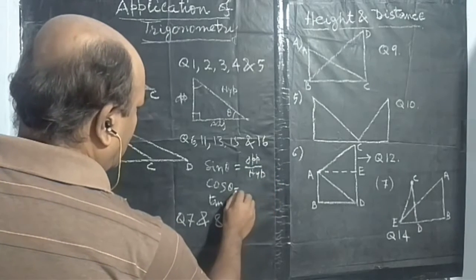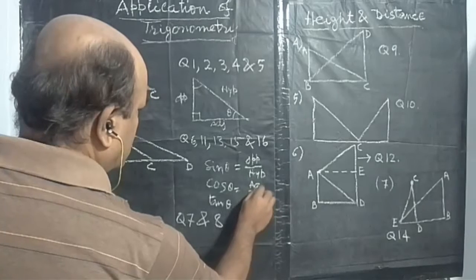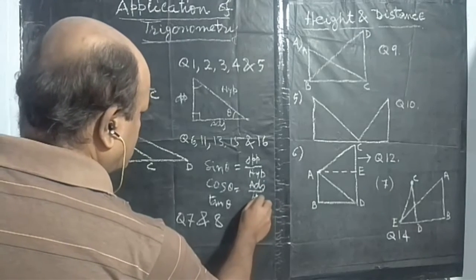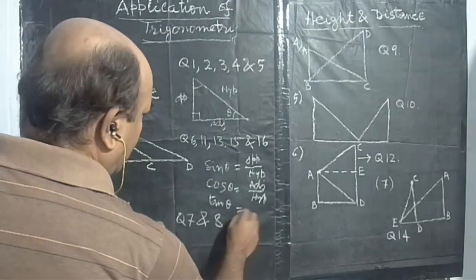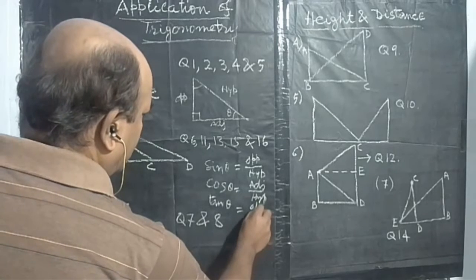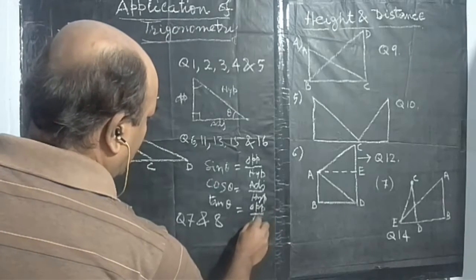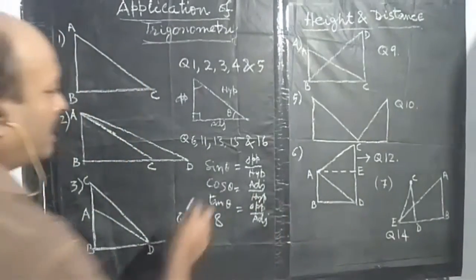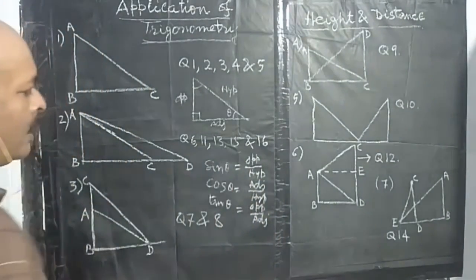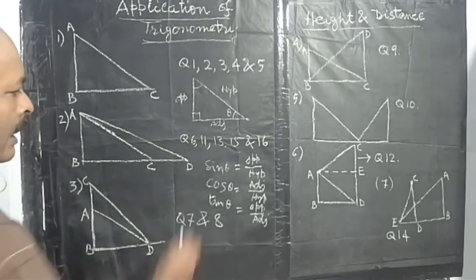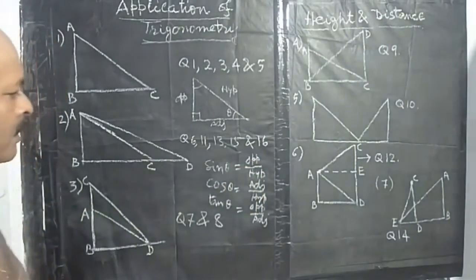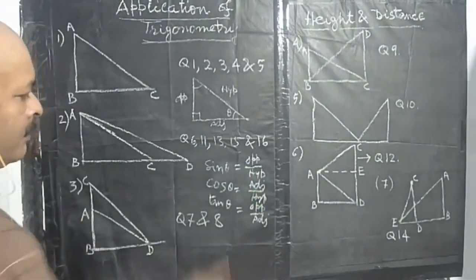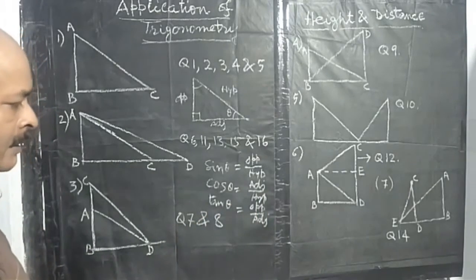Cos theta is adjacent upon hypotenuse. And tan theta is opposite upon adjacent. You remember it this way; these three will be required very much.